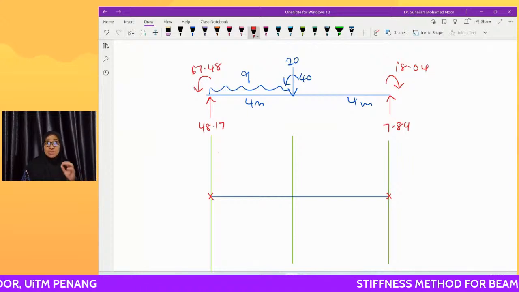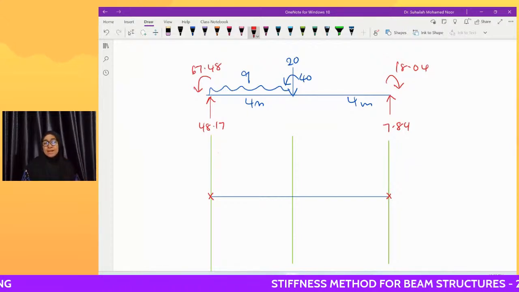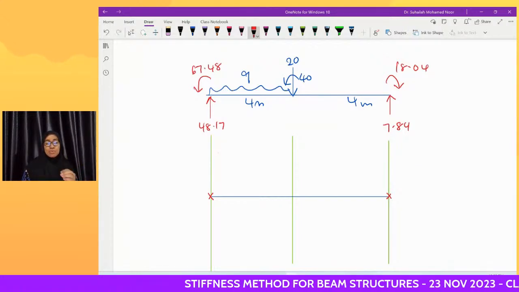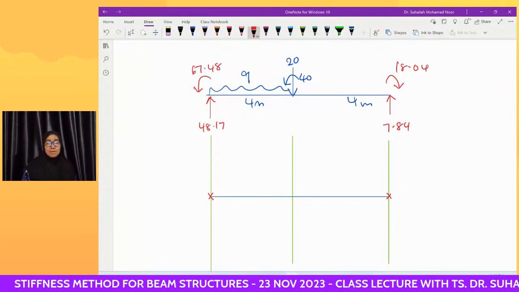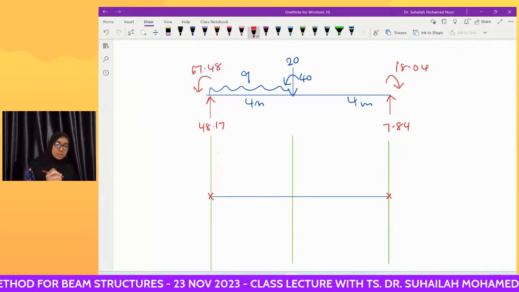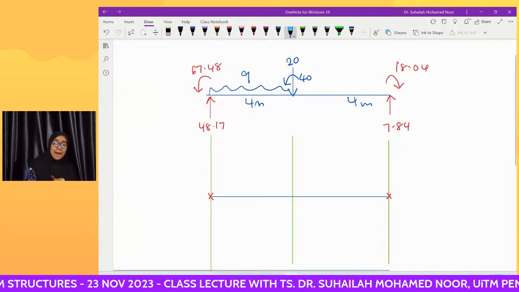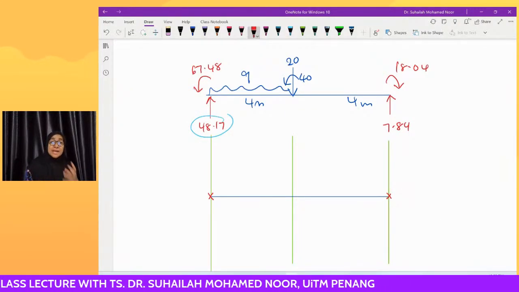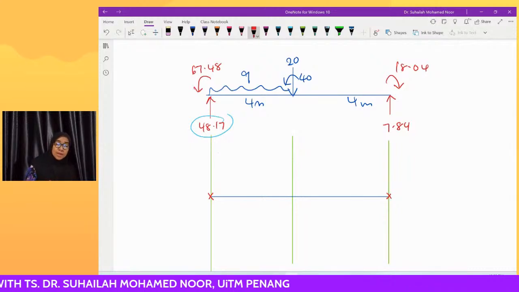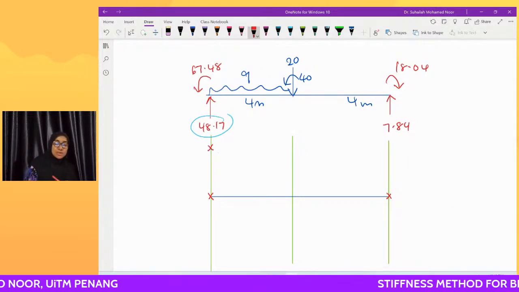So the first point is not 48.17, but zero. Zero, we add 48.17. Then we get the second value, which is 48.17.